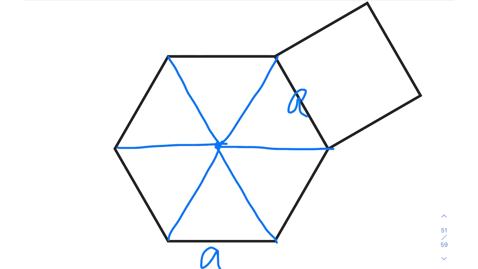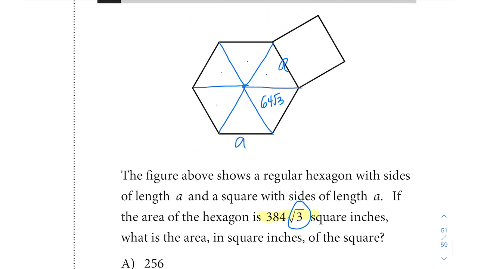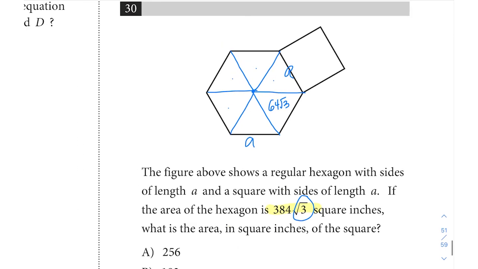And we can work within one of those triangles, because now if we do 384 divided by 6, we're going to end up with 64, which means that each triangle is going to have an area of 64 root 3. So same thing here, here, here, and here. All the way around, 64 root 3 is the area of each triangle.